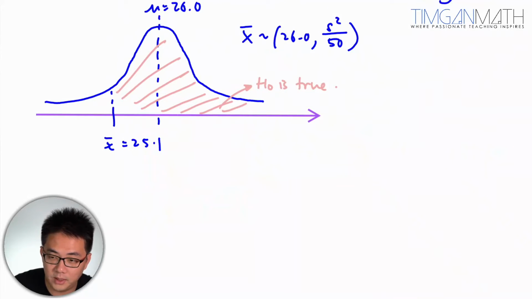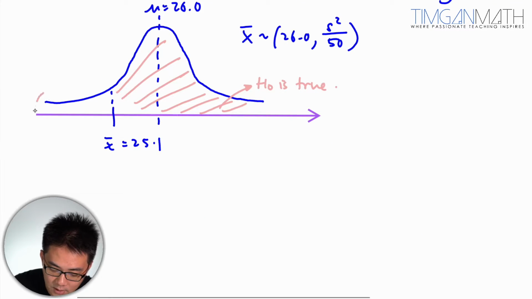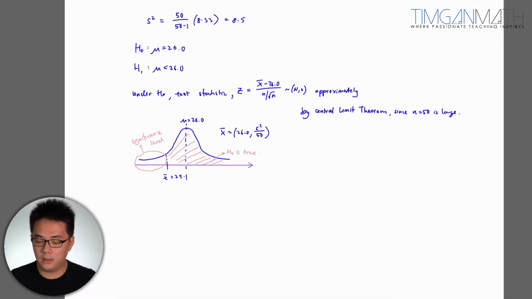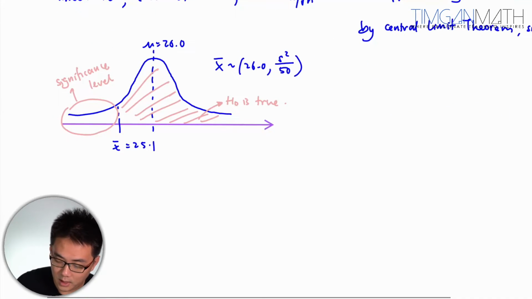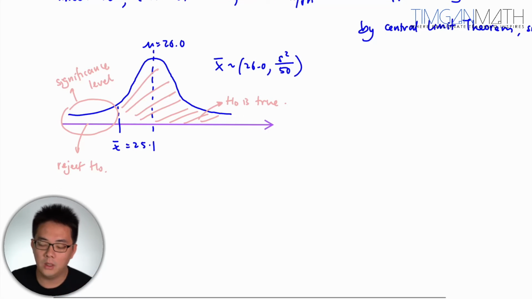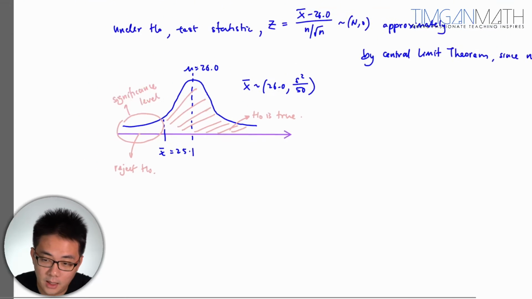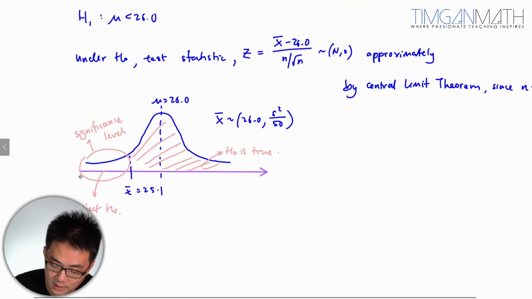The significance level would be this side here, where we reject H0. If this is the boundary, basically what you need to do is find the area on this side, less than this boundary.